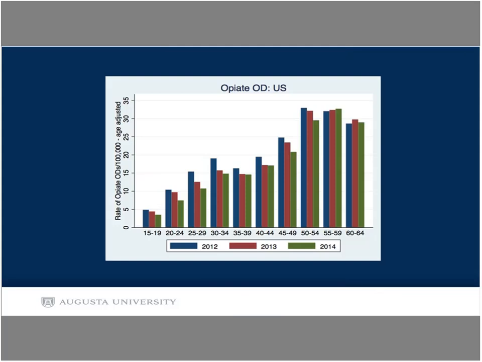Now, the interesting thing about the epidemic is it's really almost two separate epidemics. So I showed you earlier that the rate of prescription overdose deaths started to flatten in 2011, and the number of heroin and other synthetic opiate-related deaths started to increase at about the same time.